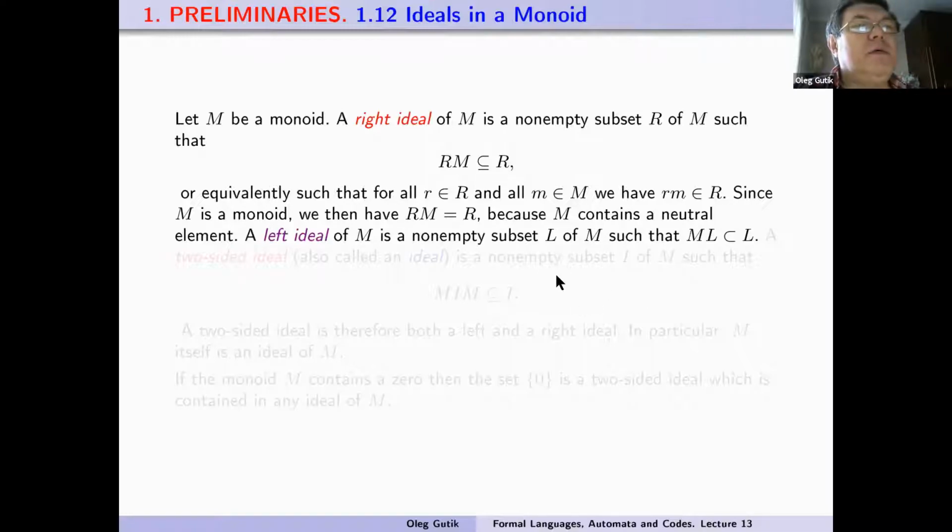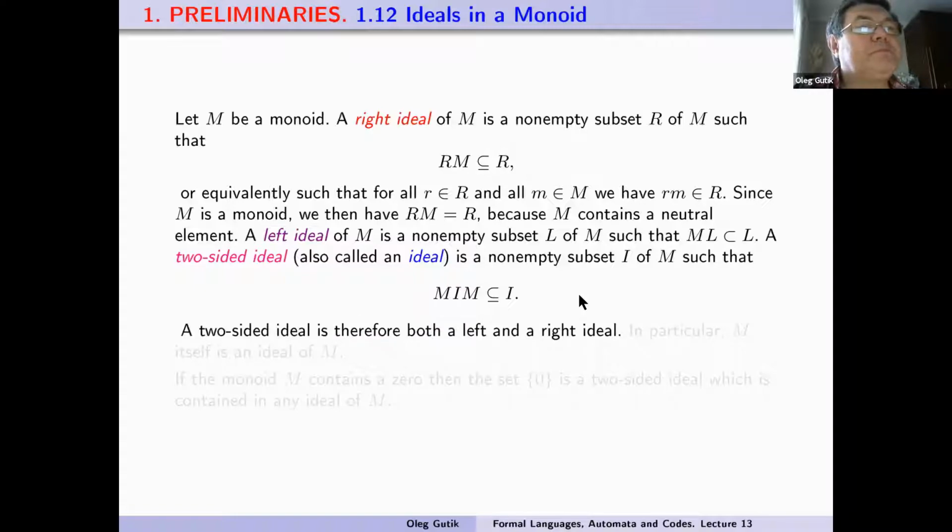A left ideal of M is a non-empty subset L of M such that ML is a subset of L. A two-sided ideal, also called an ideal, is a non-empty subset I of M such that the following condition holds: MIM is a subset of I. A two-sided ideal is therefore both a left and a right ideal.